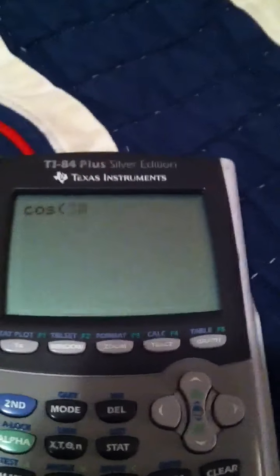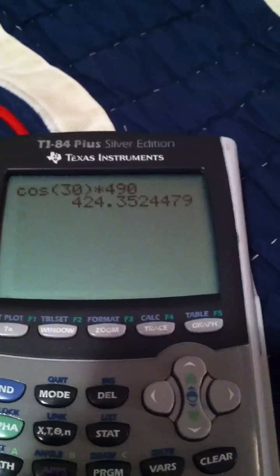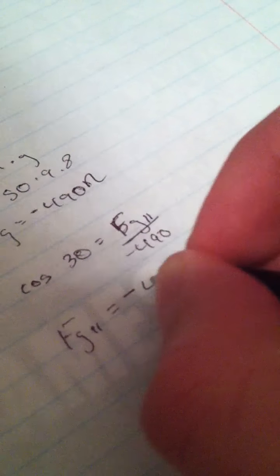So cosine 30 times 490 is 424. So my FG parallel equals negative 424 newtons. And it's negative because it's force of gravity, and gravity is always going down.